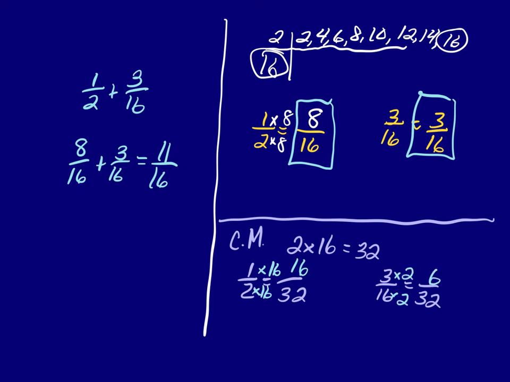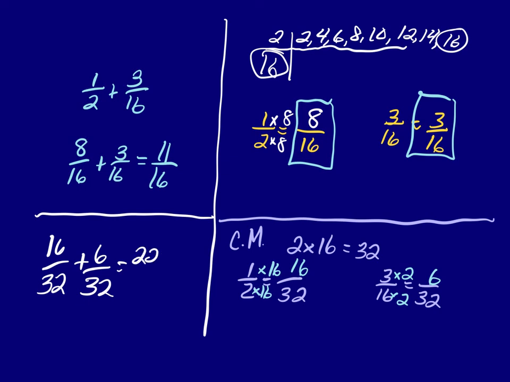So then you would have to do 16 over 32 plus 6 over 32, and you would get 22 over 32. This answer right here is not in simplest form, so we would need to simplify it by finding the greatest common factor.